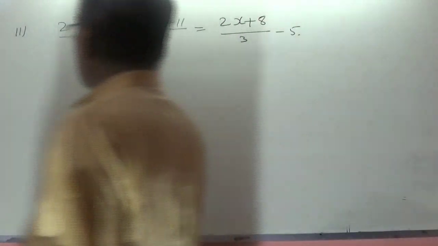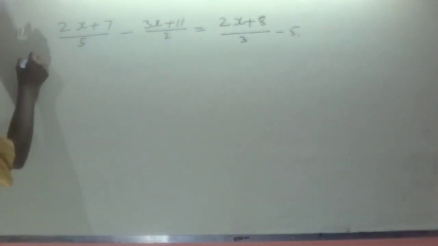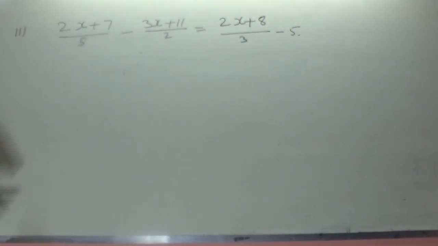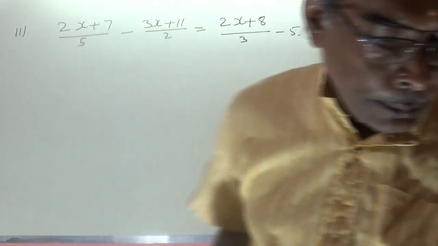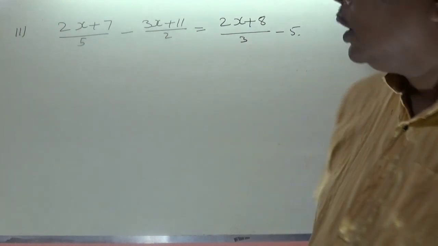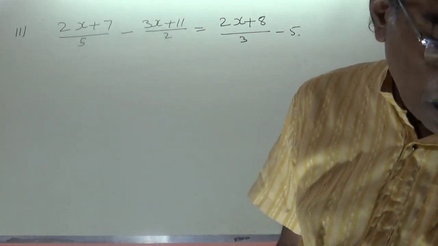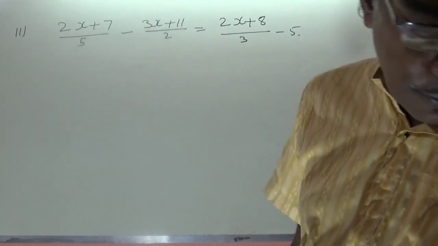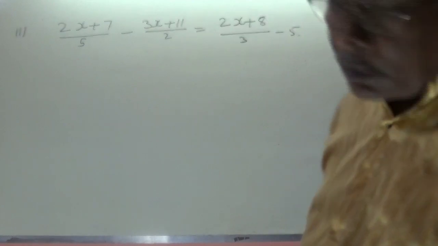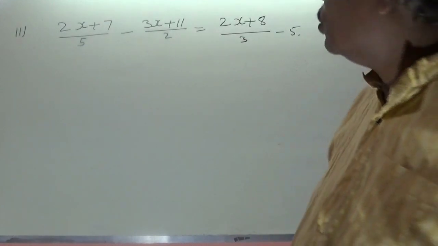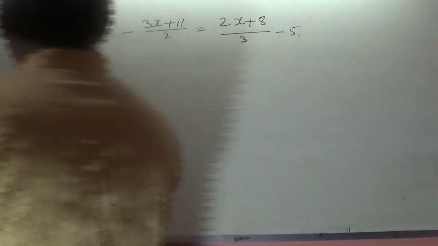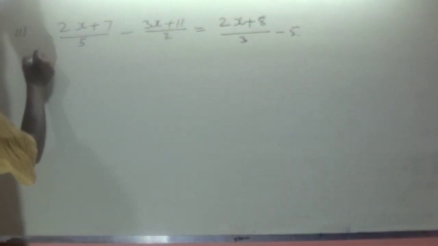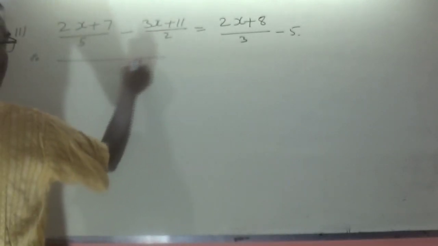Let me check the question once again, usually I make mistakes in writing the questions. 2x plus 7 by 5 minus 3x plus 11 by 2 is equal to 2x plus 8 by 3 minus 5. Okay, so therefore 10 is the LCM.